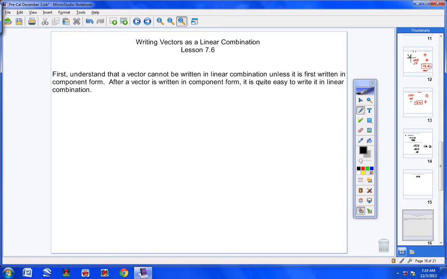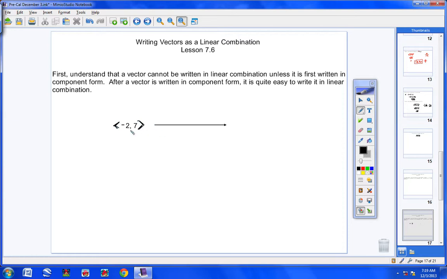Now I would write that down, but that's up to you. Let me demonstrate. Here's a vector. If I ask you to write that as a linear combination, notice the vector is already written in component form. See the arrows? This vector is already written in component form.